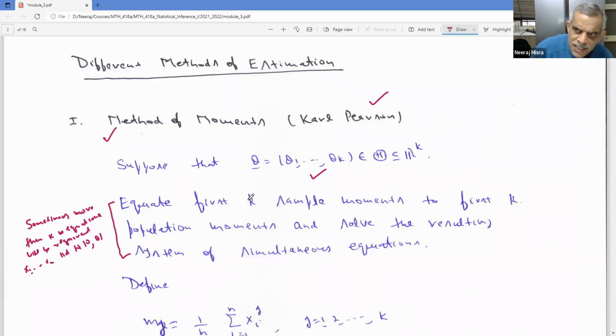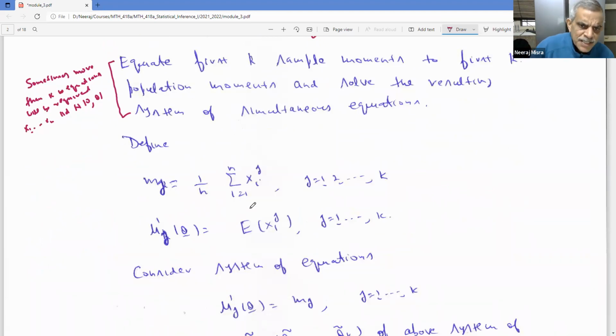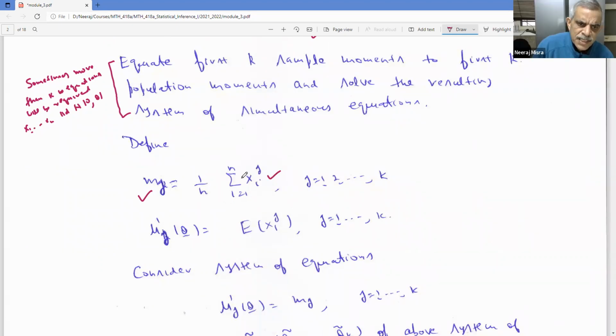So a modified definition could be: equate first k sample moments to first k population moments that depend on theta and solve the resulting system of equations. That one can take as the method of moments. So let us say mj is the jth sample moment, which is 1 upon n summation i equal to 1 to n, xi to the power j.